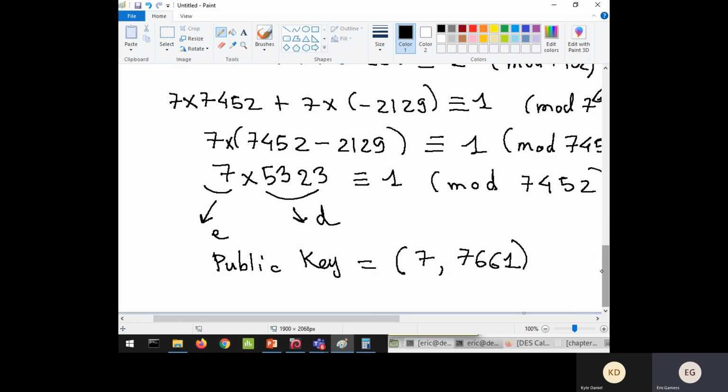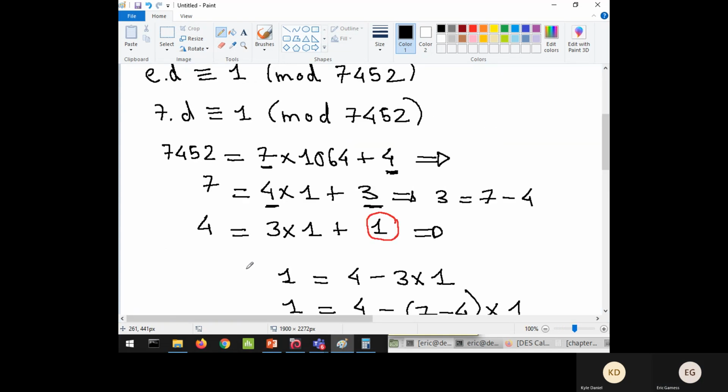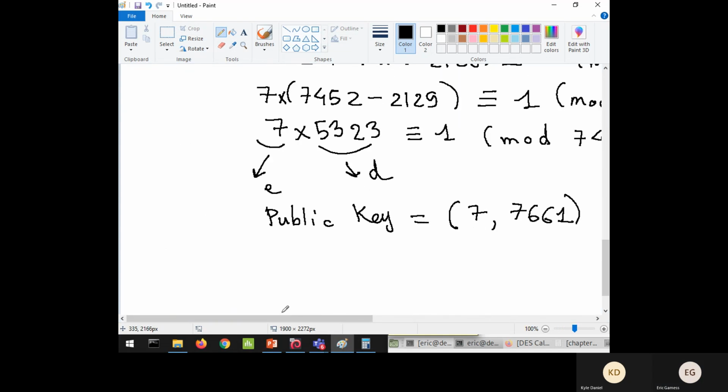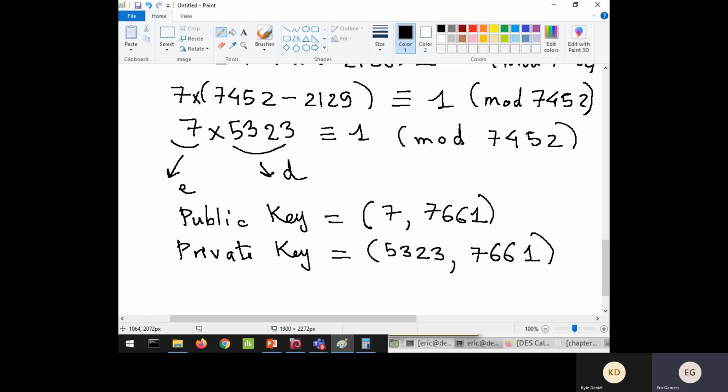What will be the private key? So this is the public key, and the private key will be 5,323, and the modulus, or n, which is 7,661.